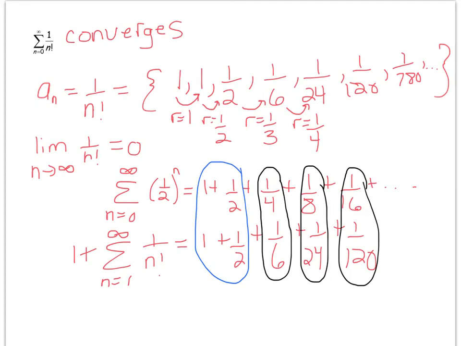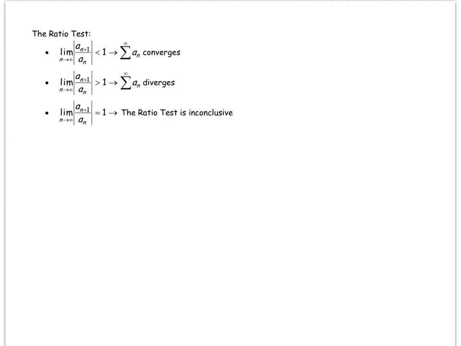So basically, we now need a more systematic way to determine if a series like the sum from n equals 0 to infinity of 1/n factorial converges, and that is the ratio test. So I've written out the definition of the ratio test, and as the name implies, we are going to be looking at the ratio of terms in the sequence.